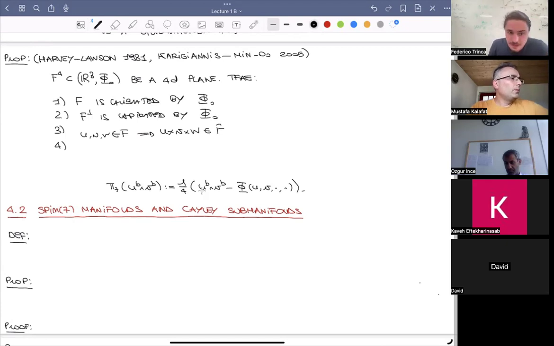And finally, I have this vanishing condition, which is going to be useful later.